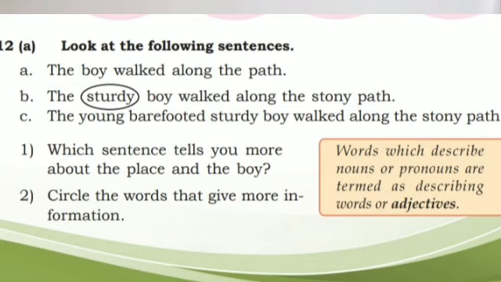Yes, we can see two nouns, the boy and path, is it? The next sentence. The sturdy boy walked along the stony path. The word sturdy is rounded there. Why? That word describes the noun boy, is it? The word sturdy describes the noun boy.